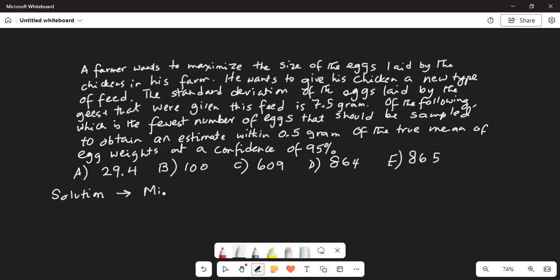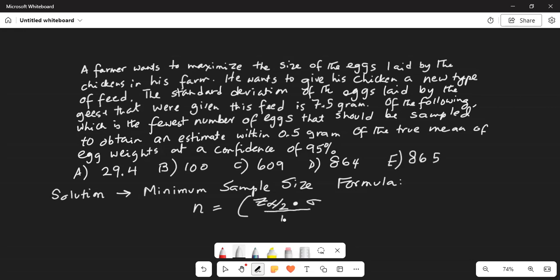Minimum sample size formula is N equal to, N is the sample size, Z alpha by 2 multiplied by sigma divided by margin of error and whole thing squared. So I have to explain what each of these terms are.